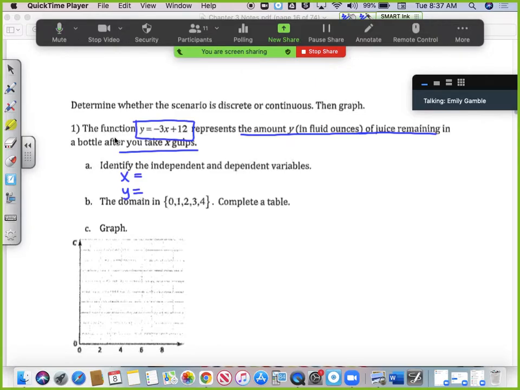If you take no sips, the whole thing is left. If you take one sip, a little bit is taken out, and then that much is left, and so on. Which means that the dependent variable, which is y, is going to be the amount of juice left, and the independent variable x will be the number of sips or gulps they're calling it.